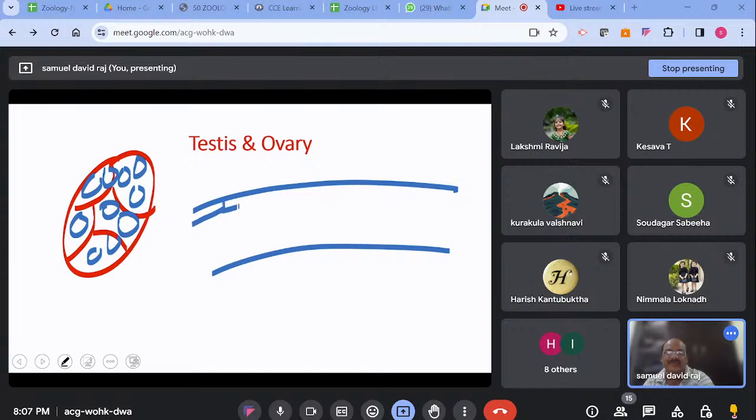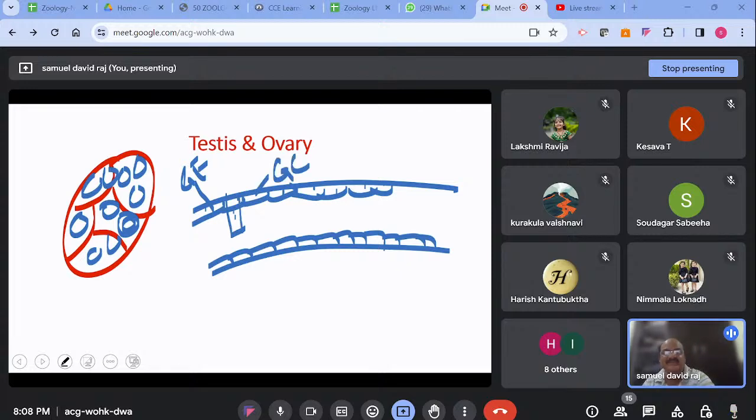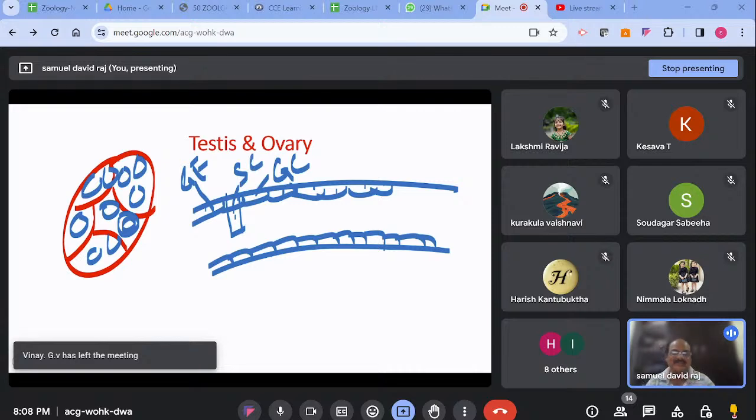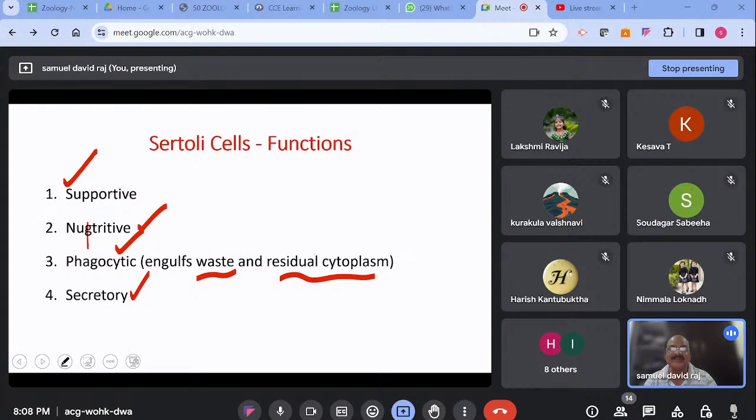It shows an outer layer of cells, which is called the germinal epithelium. In the germinal epithelium, there are two kinds of cells. One is germinal cells, the other is Sertoli cells. We have discussed the Sertoli cells. Now we are going to discuss the process of development or formation of sperms from the germinal cells of the germinal epithelium.